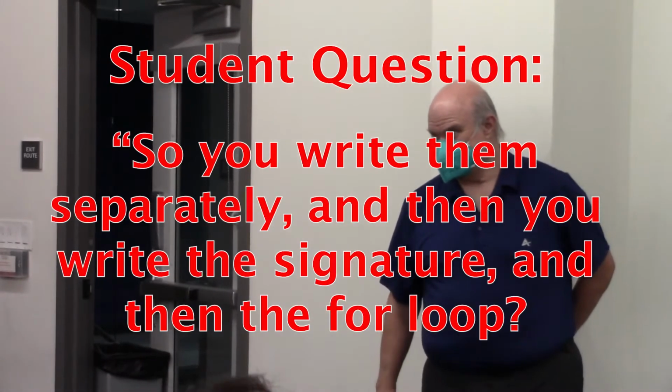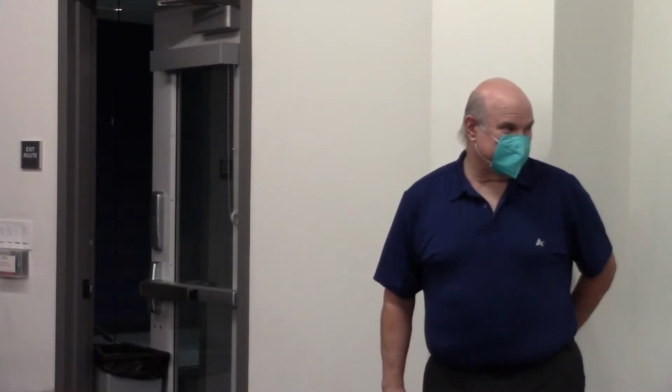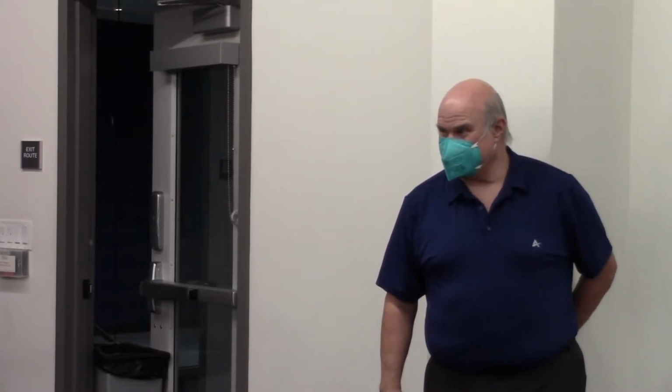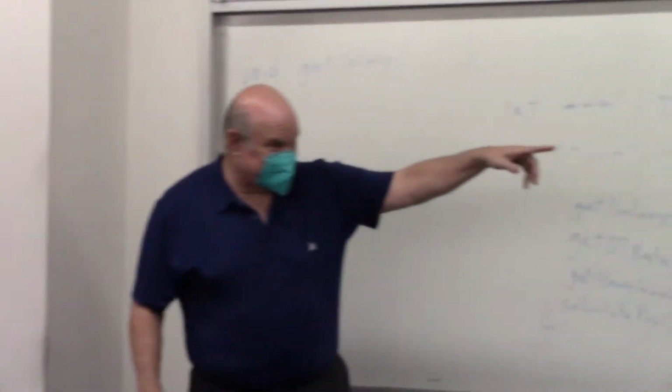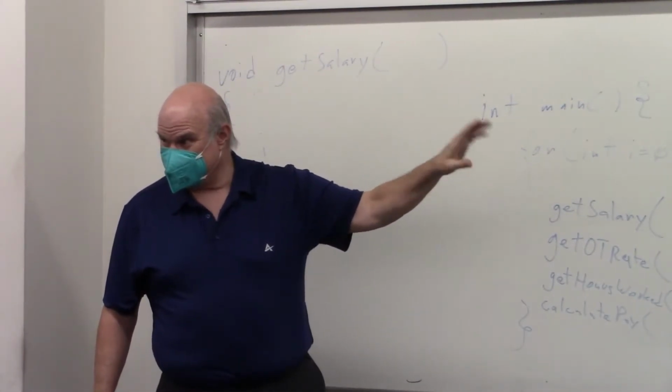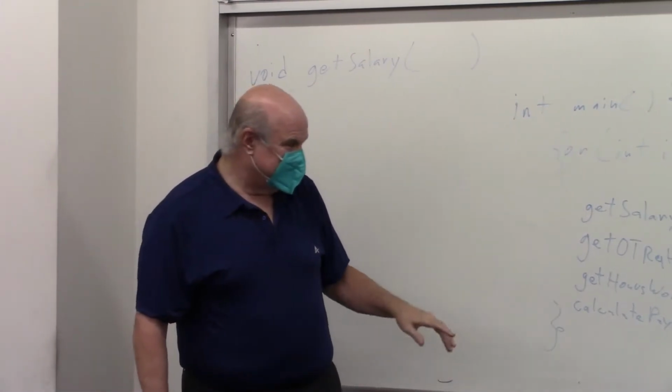So you write them separately, and then you write the signature and the call? No, you write a call. The signature is simply that first line that doesn't contain the body. As someone else pointed out, that's the declaration of the method. We'll talk about the declaration in header files in a minute.